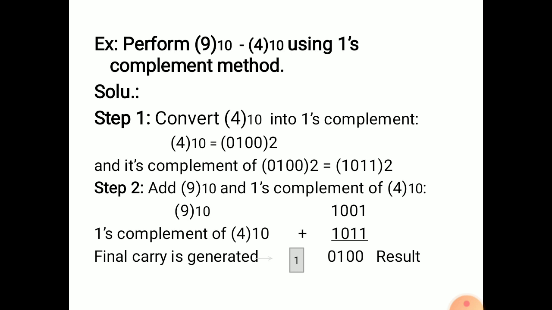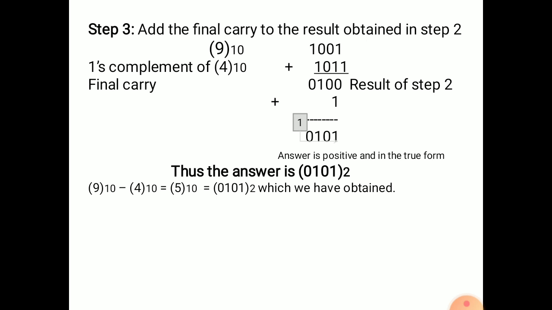Then next, step third, add the final carry to the result obtained in step second. 1001 add with 1011. Again 1 plus 1 is 0 with carry 1. 0 plus 1 is 1, and 1 plus 1 is also 0 with carry 1. 0 plus 0 is 0 and 0 plus 1 is 1.